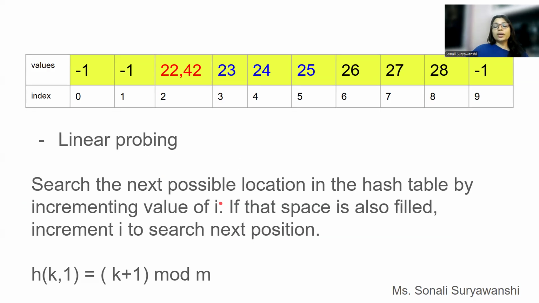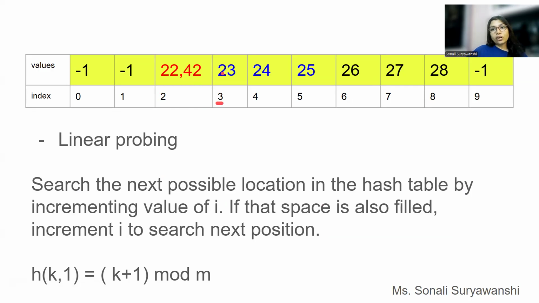Linear probing finds the next possible location in the hash table by incrementing the value I. If the space is already filled for that next value of I, you keep incrementing I till you find the next possible position. Here, once I increment I, it will go to the third position.